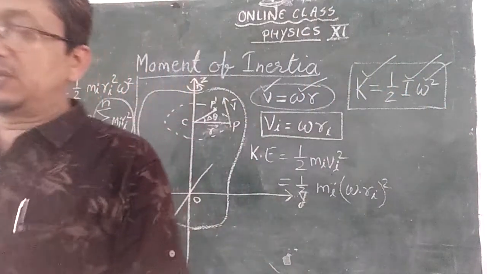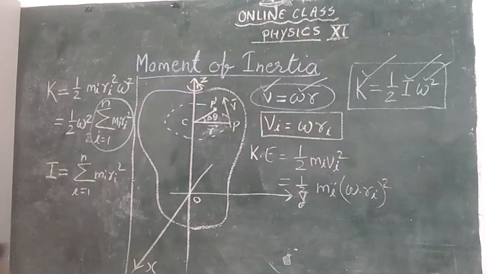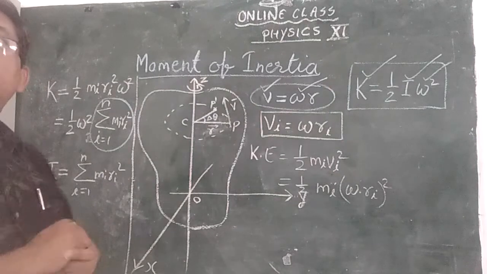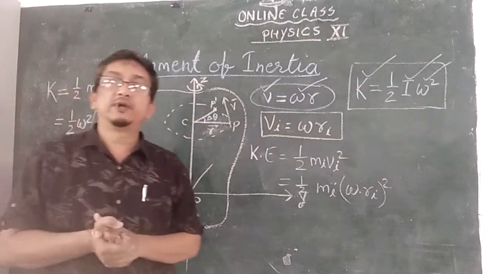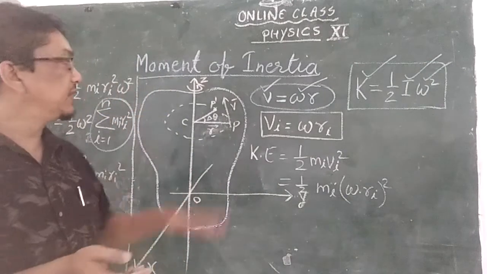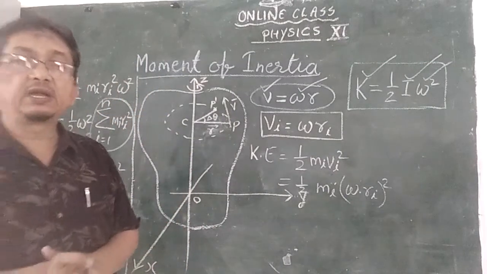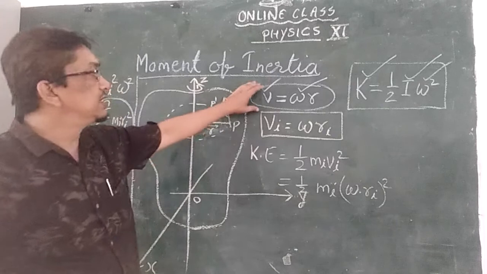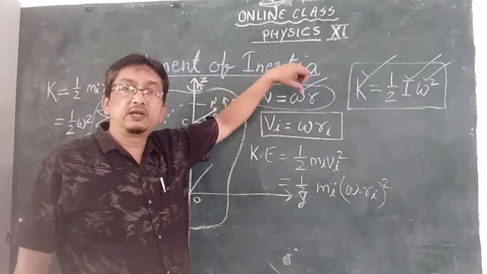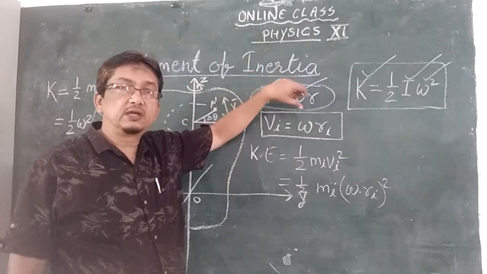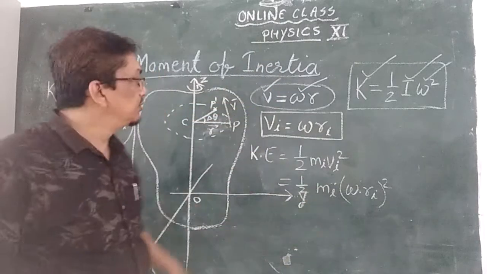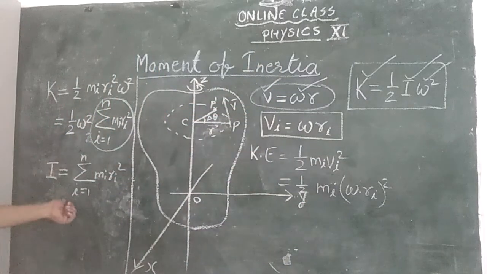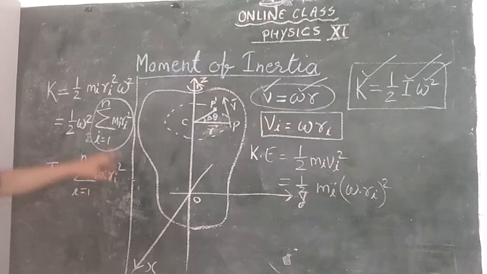So this was the very simple and easy derivation of moment of inertia, and this is for any rigid body when it is rotated with respect to any axis. Then we can easily calculate with the help of this relation, which is the relation between linear velocity and angular velocity both, and easily you can derive this up to here for I, and I is equal to sigma, i is equal to 1 to n mi ri square.